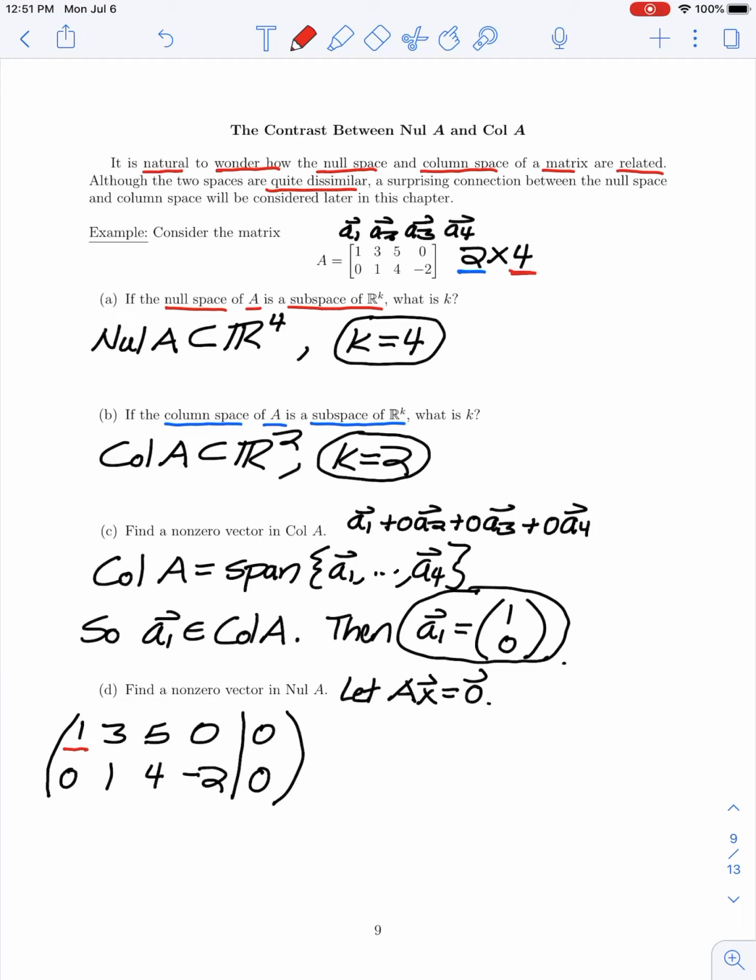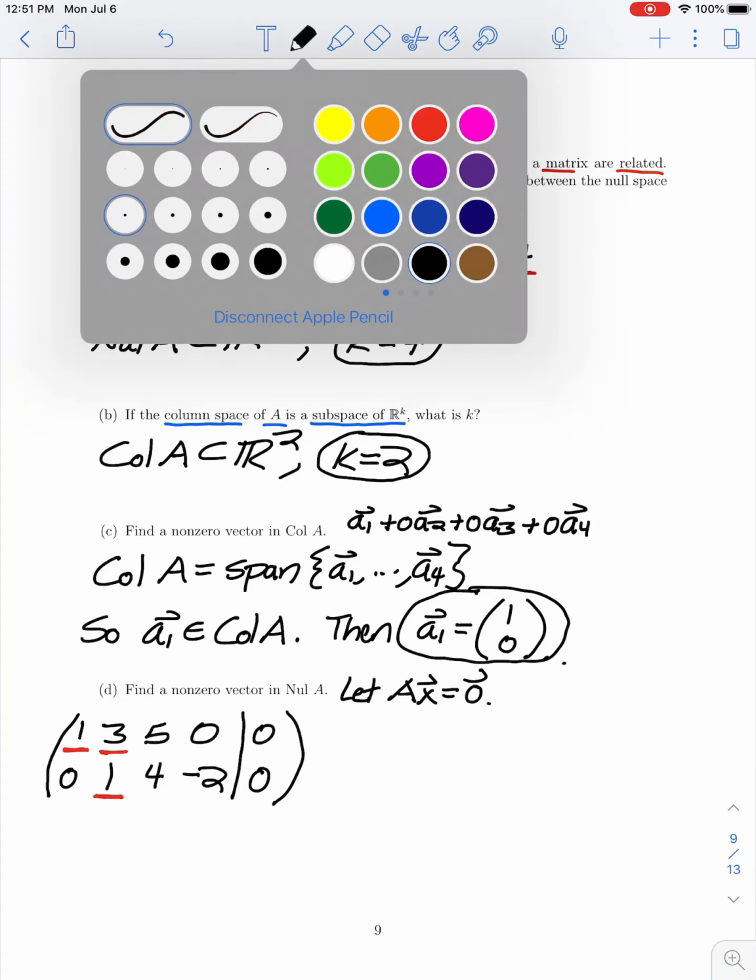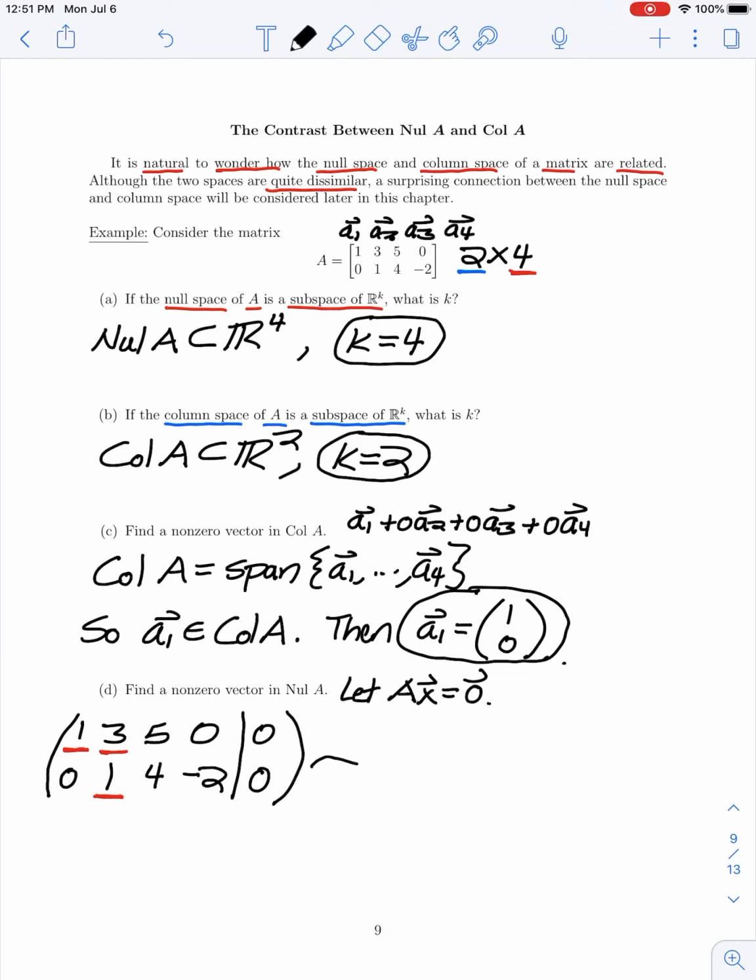Here we see that in our first row, we already have a leading entry of 1 with a 0 below it. And in our second row, we have a leading entry of 1, which we can use to kill off the positive 3 that appears above it in the first row. We could do that by taking row 1 and subtracting 3 times row 2.